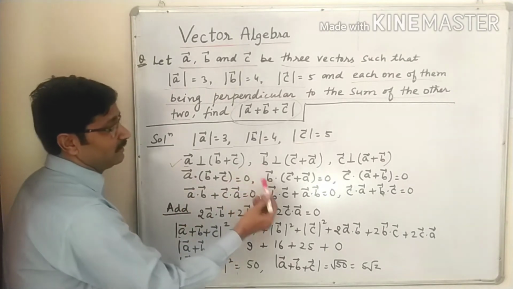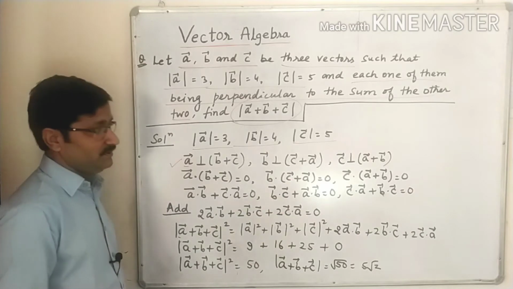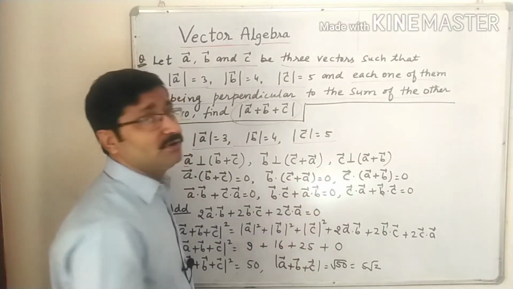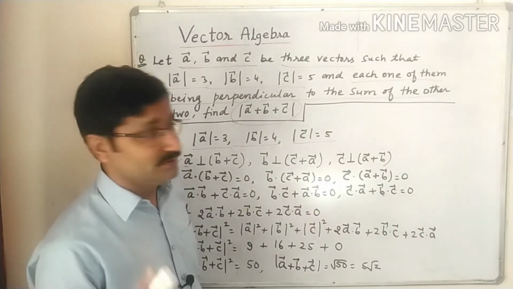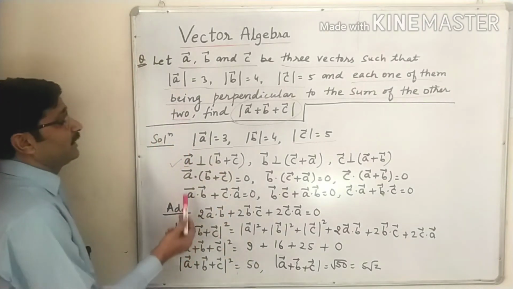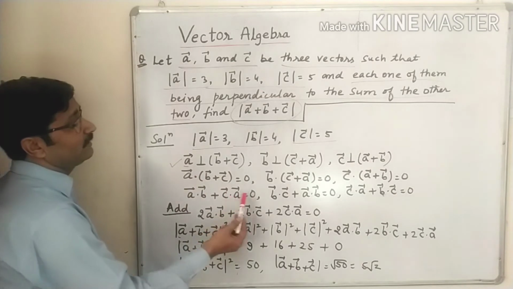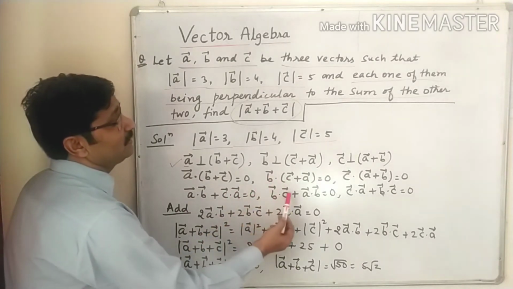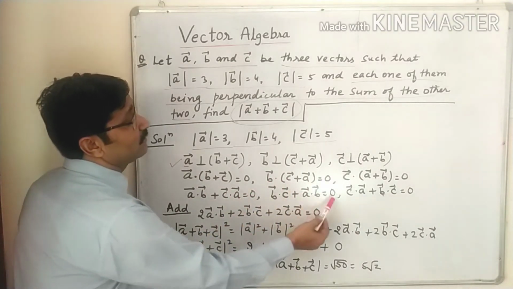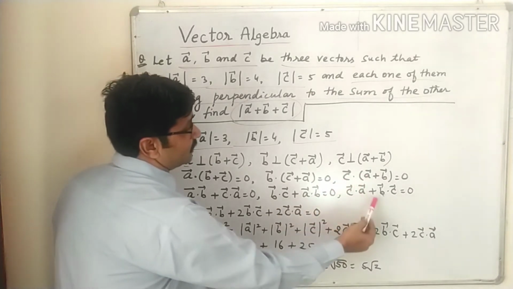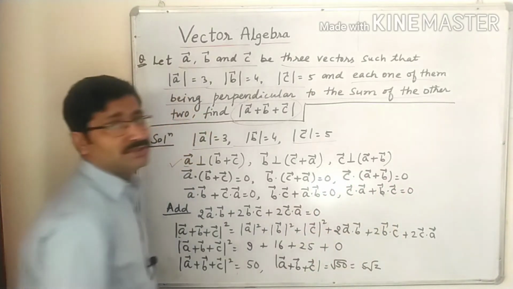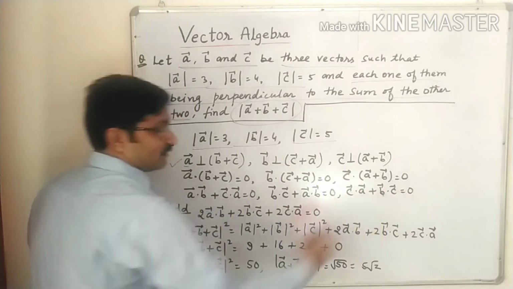Similarly, you get B dot (C plus A) equals 0, and C dot (A plus B) equals 0. Now you open the brackets. What do you get? A dot B plus C dot A equals 0, B dot C plus A dot B equals 0, C dot A plus B dot C equals 0. Now you will add these all.